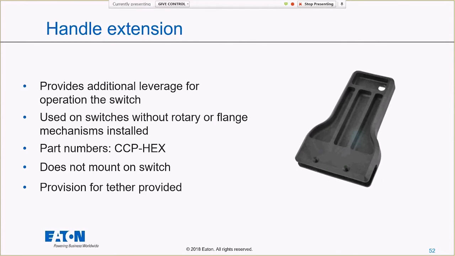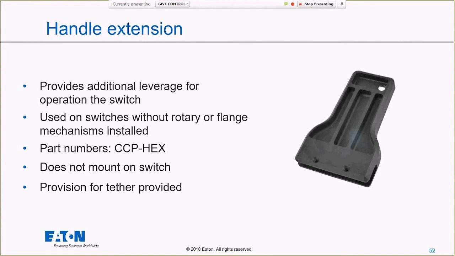So, the operation of that switch. Now, we think most of the time a 200 amp fusible switch is going to be a main disconnect. And when it's a main disconnect, it's going to have some sort of through-the-door mechanism on it that provides the leverage you need to operate the switch easily. If you're not using a through-the-door mechanism, it is a little difficult to switch.